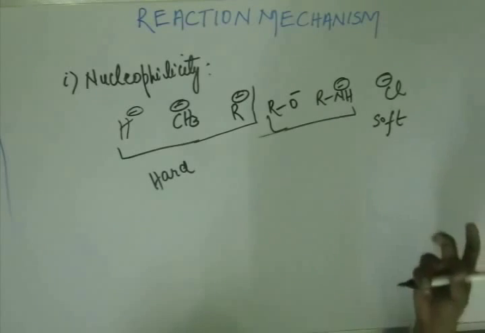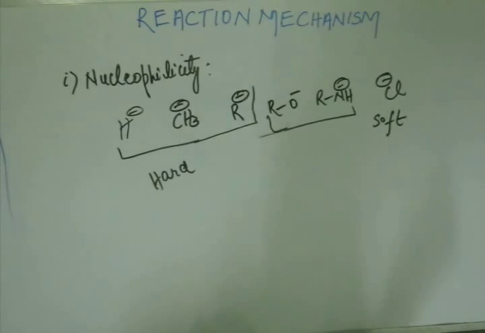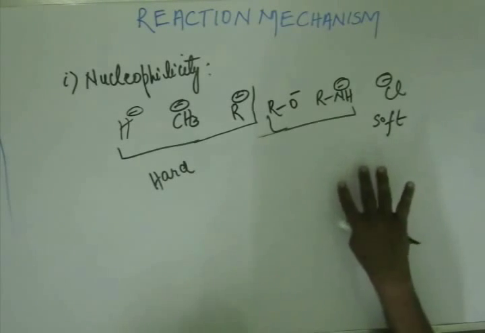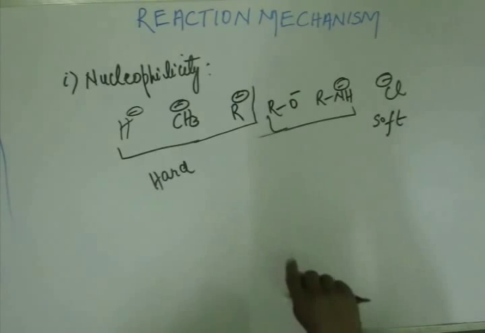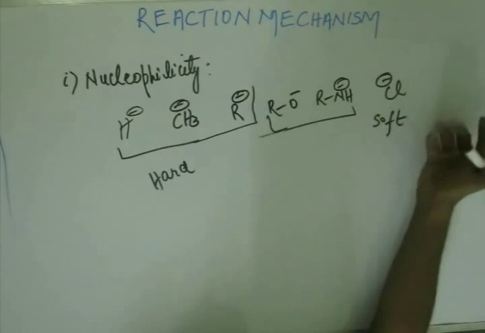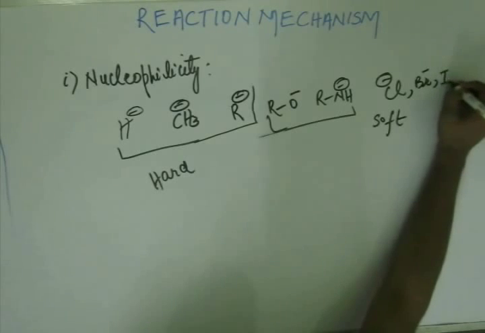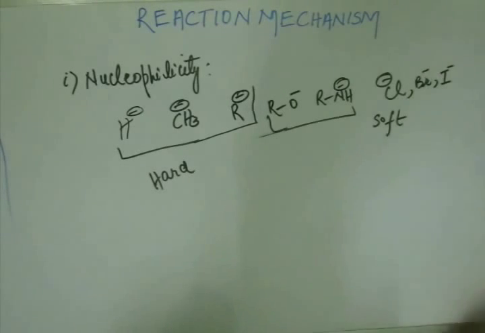If the negative charge is on a bigger atom with more electronegativity, that makes the ion stable and hence a soft nucleophile. It will not cause much hindrance, or even if it comes to pour its electron into the antibonding orbital, it will be kicked off, making it less nucleophilic. So Cl minus, Br minus and iodide ions will be soft nucleophiles.